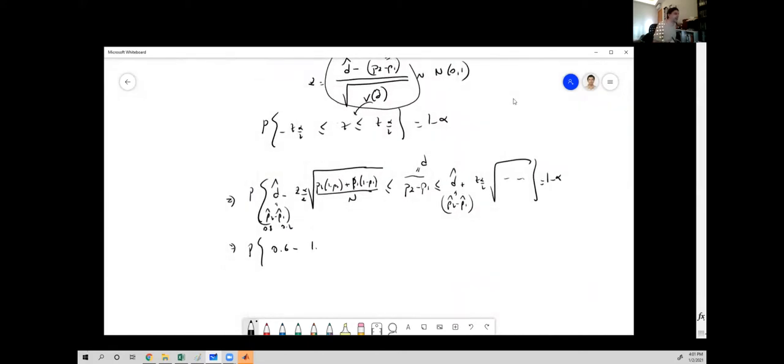So 0.6 minus 1.96 times the square root of 0.8 times, well, we have hats everywhere, replace them, 0.92 plus 0.2 times 0.98, divided by the single 1000.